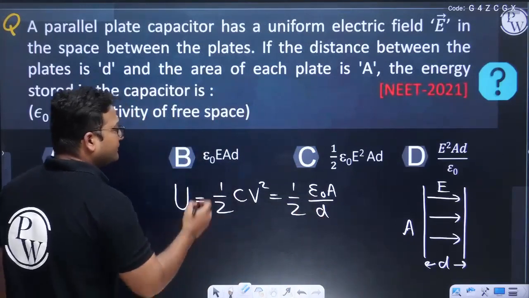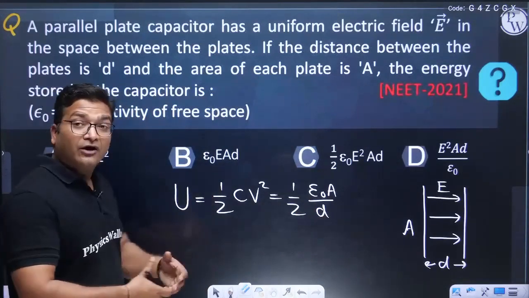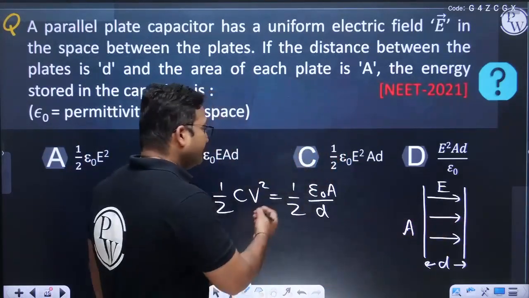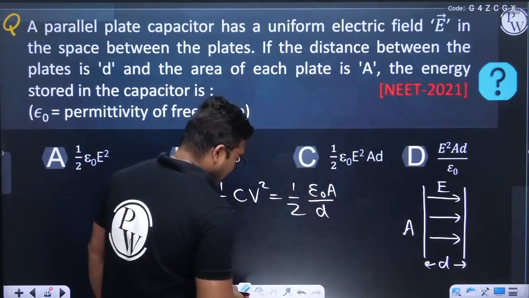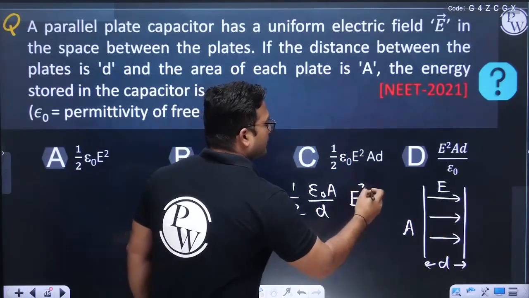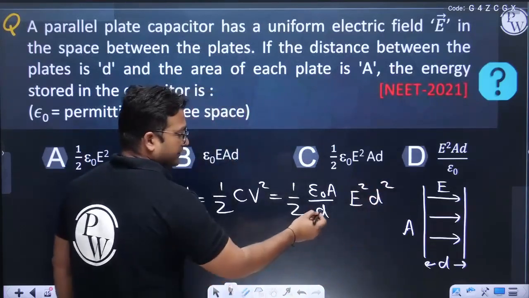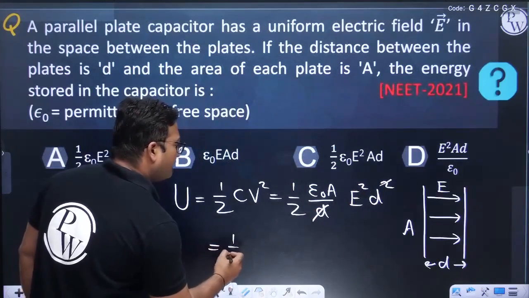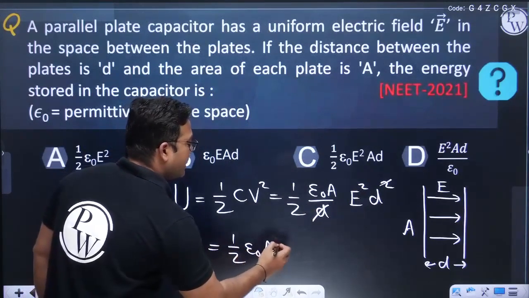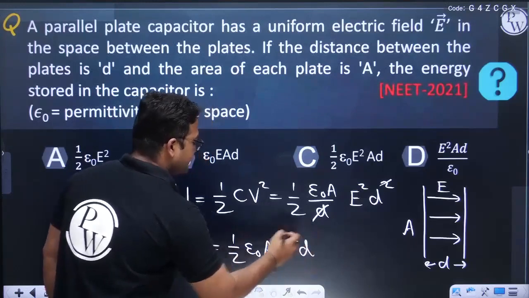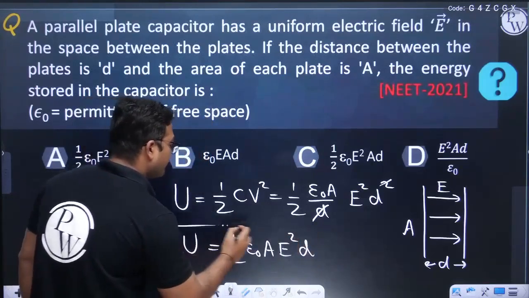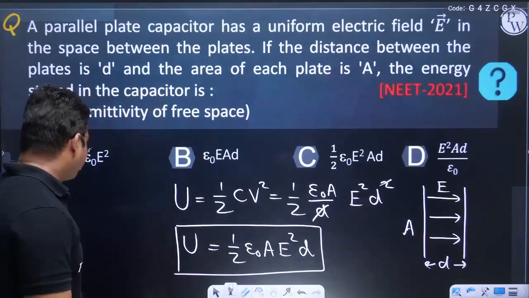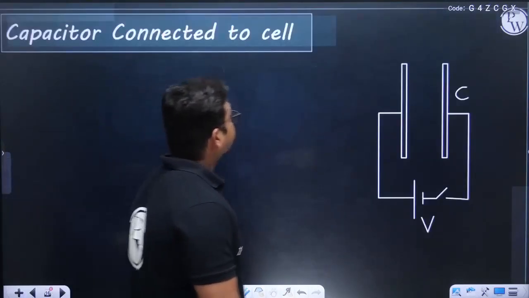Actually, V is equal to integral E dot dr. So if you do integral E dot dr from here to here, you will have V square as E square times D square, right? So here one D will be cancelled and you are left with half epsilon naught A E square D as the energy stored in that capacitor.